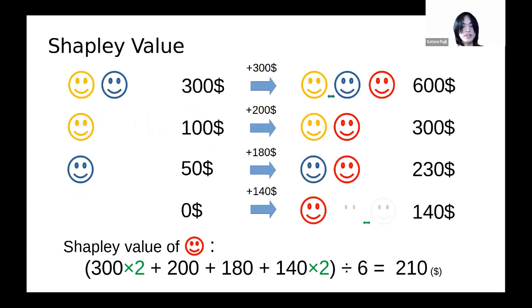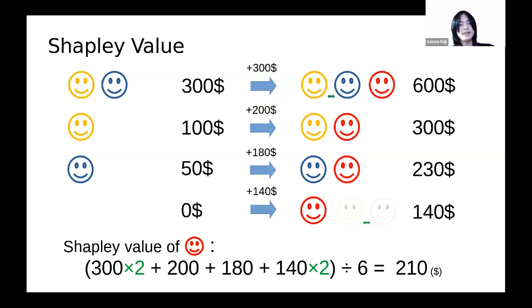For example, this is how to calculate the Shapley value of red. Let's assume that when only yellow and blue cooperated, profit would be $300, and then adding red to the table increases it by another $300. We do the same thing for all permutations, calculating the marginal contribution of red, then averaging them.